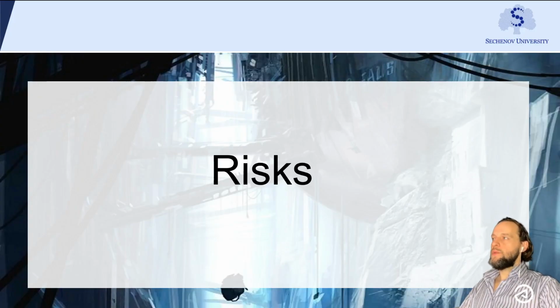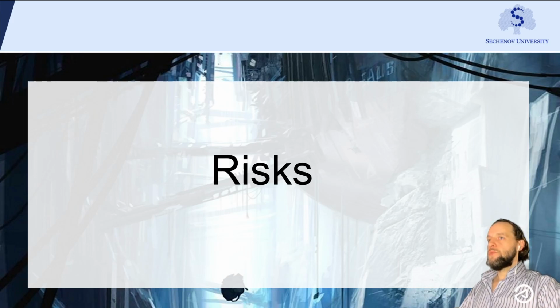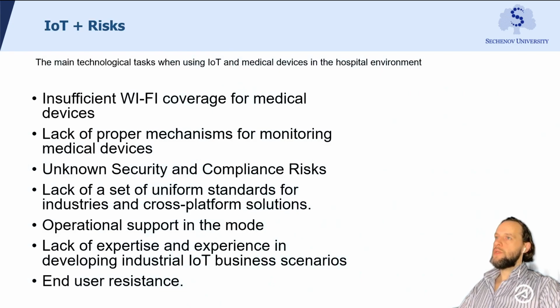And I guess we talk a lot about the benefits from these technologies, and let's name a few risks which we can find here. Of course, one of the major problems is insufficient Wi-Fi coverage.